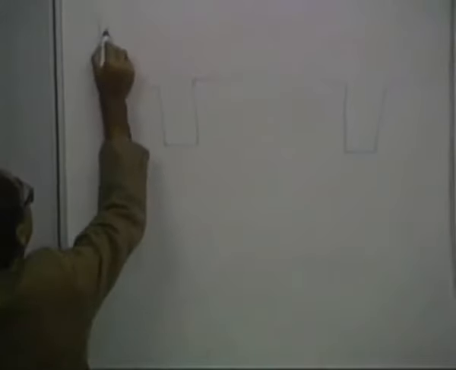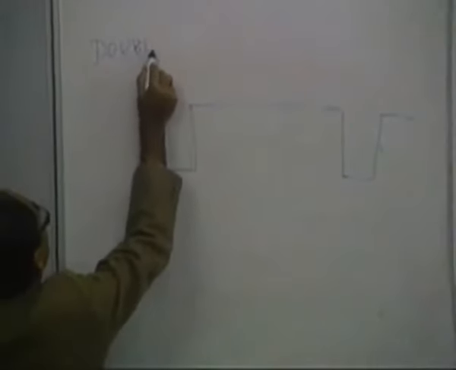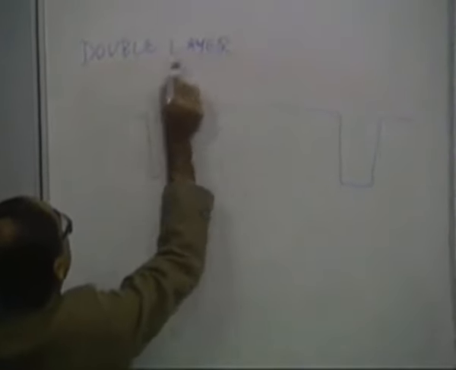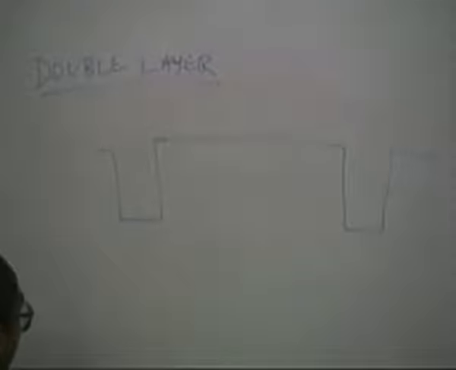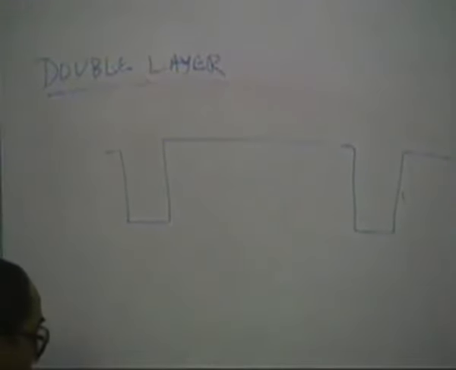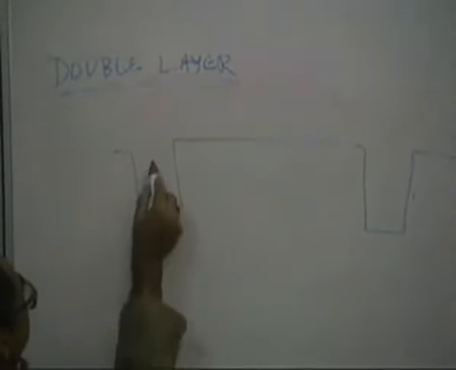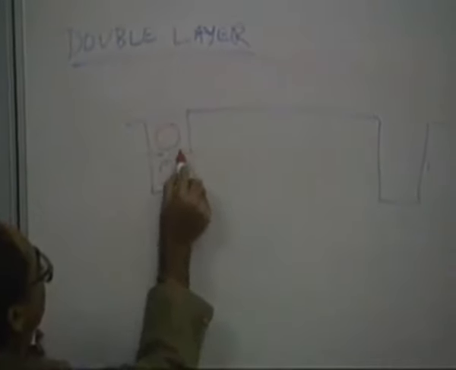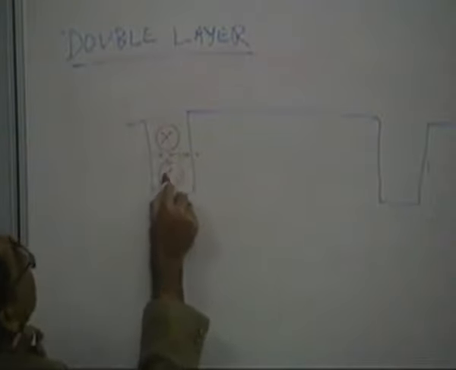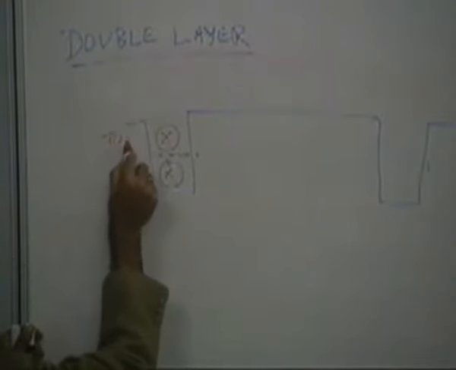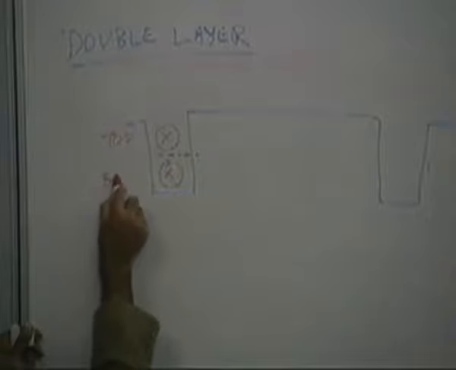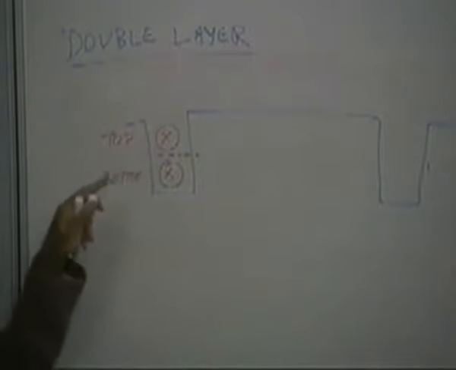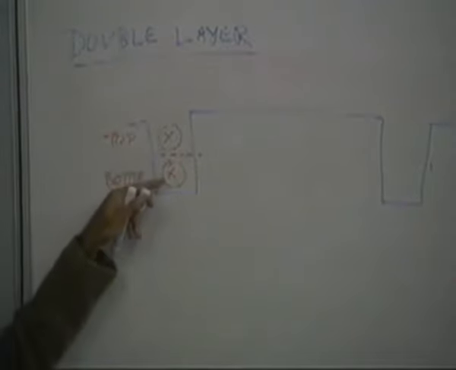In double layer, we put conductors in a slot in 2 layers. This is the top layer and this is the bottom layer. So there is a top layer and a bottom layer in each slot.